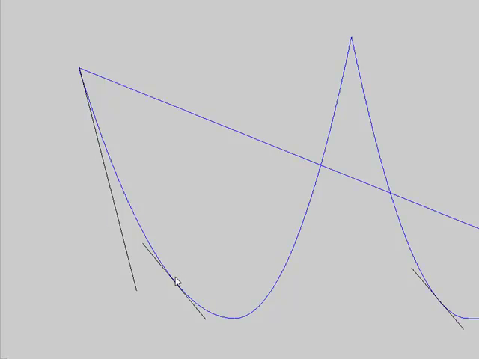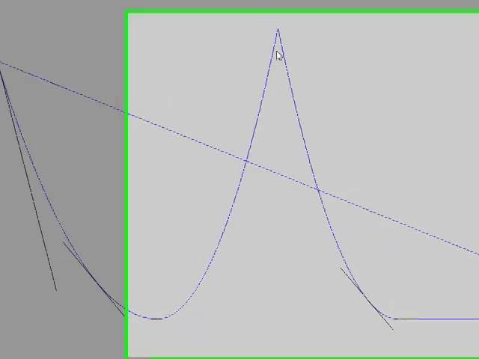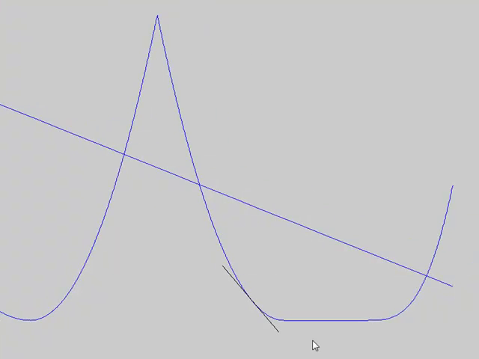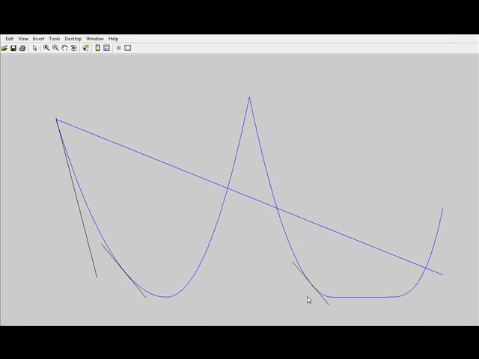So it says that our allowed values of eta should lie in this interval, from here to here and from this value to this value. These are our allowed values.